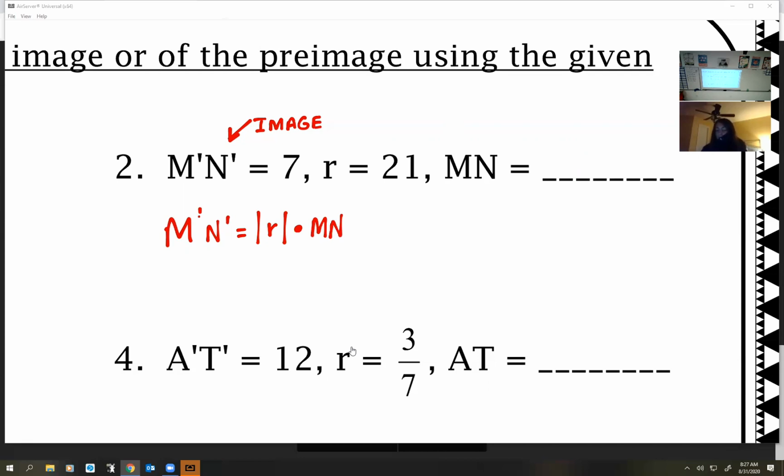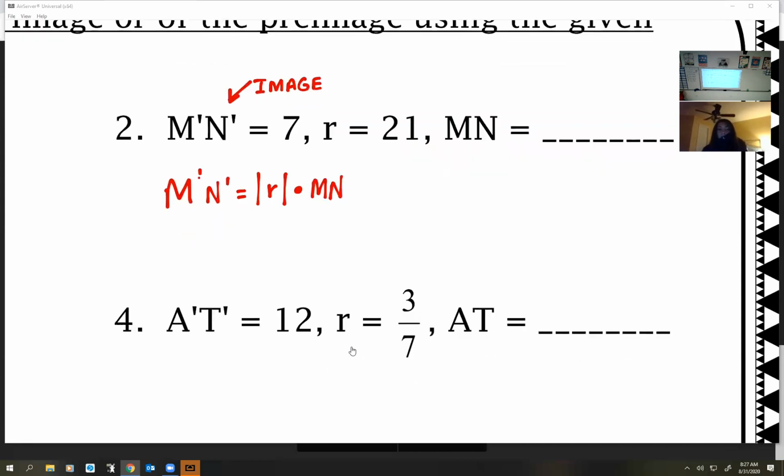So we set it up just like that and we plug in what we know. What do we know in this problem? What's our image? 7. What else do we know? What is our absolute value? 21. And then our unknown is MN.